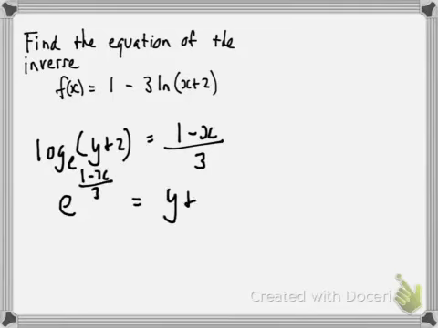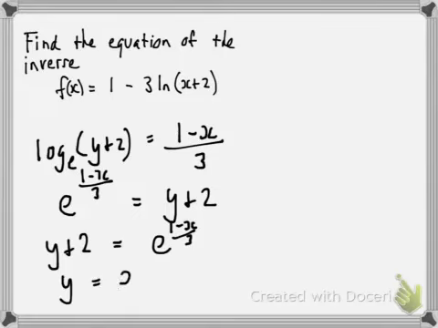equals y plus 2. Last step, in fact, second last step, we might put the y plus 2 on this side, like so, and then y equals, excuse me, that's just our cat meowing in the background there, so y equals e to the power of 1 minus x on 3 minus 2.